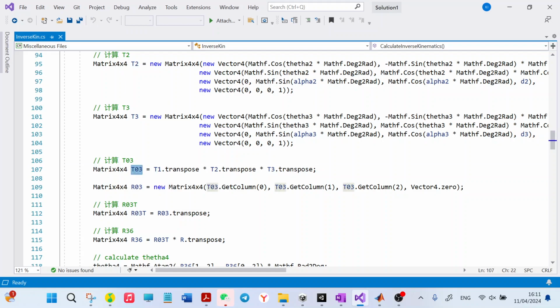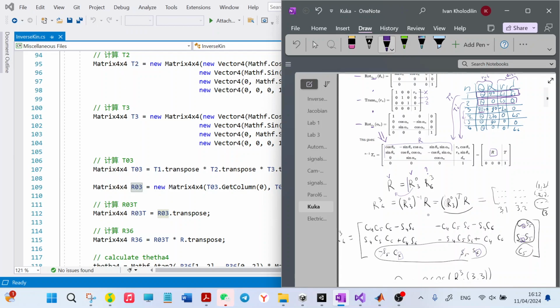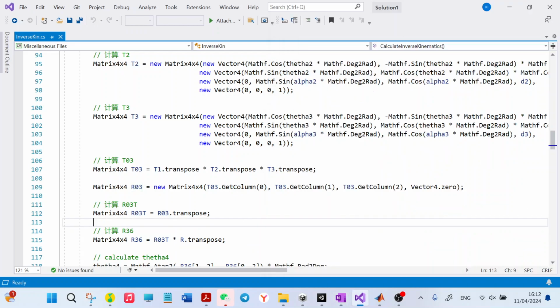Next we multiply these three with each other and find the rotation matrix from it. So that's how we found this rotation matrix. As I told you, this is known, so it's this one. Based on what we found before, we found R03. Next, we need to apply this formula, this part. So that's how we find R36.